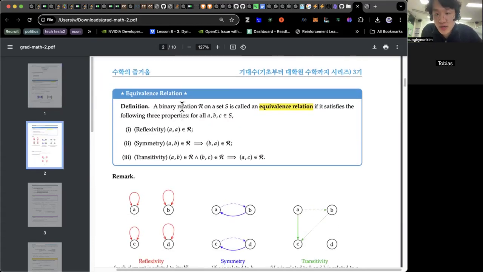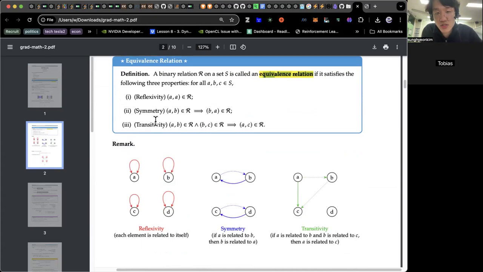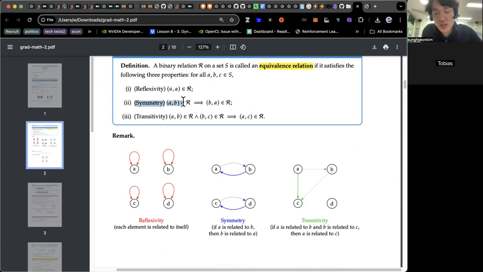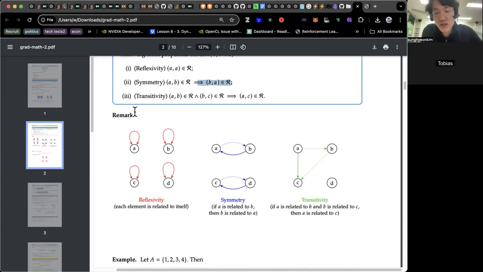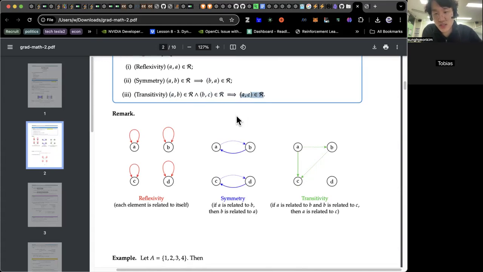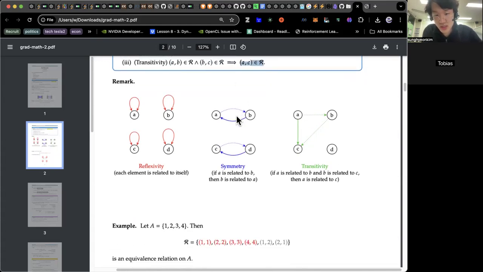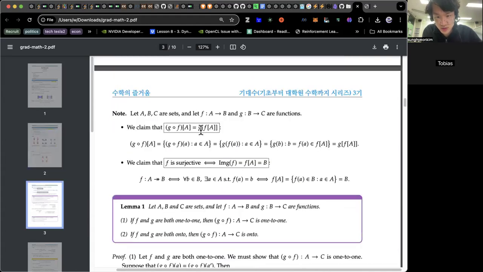So that was the explanation of relation. And from relation, there is equivalence relation, which satisfies the following three conditions. First is reflexivity, which is (A, A) is also in relation R. Then symmetry, which is if (A, B) is in relation R, then (B, A) is also in relation R. And the third one is transitivity, which is if (A, B) is in relation R and (B, C) is in relation R, then (A, C) is also in relation R. Then we will call it an equivalence relation.